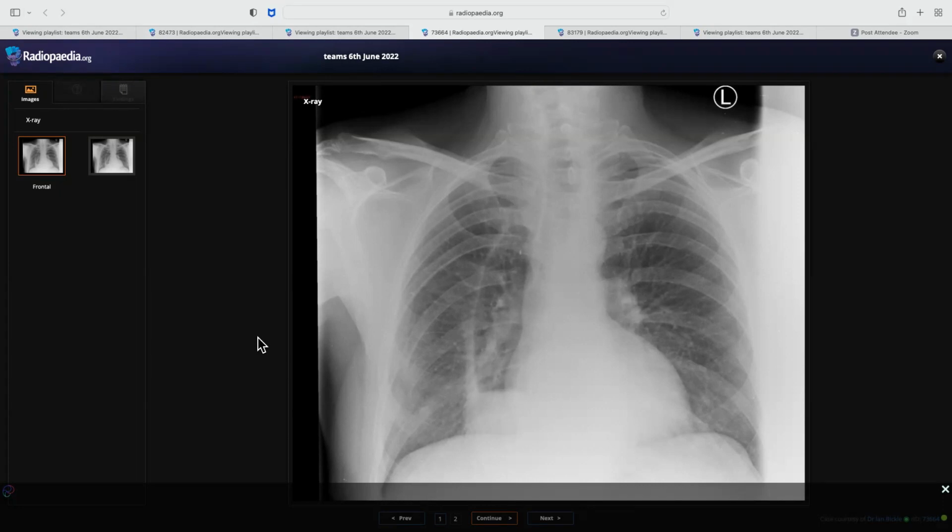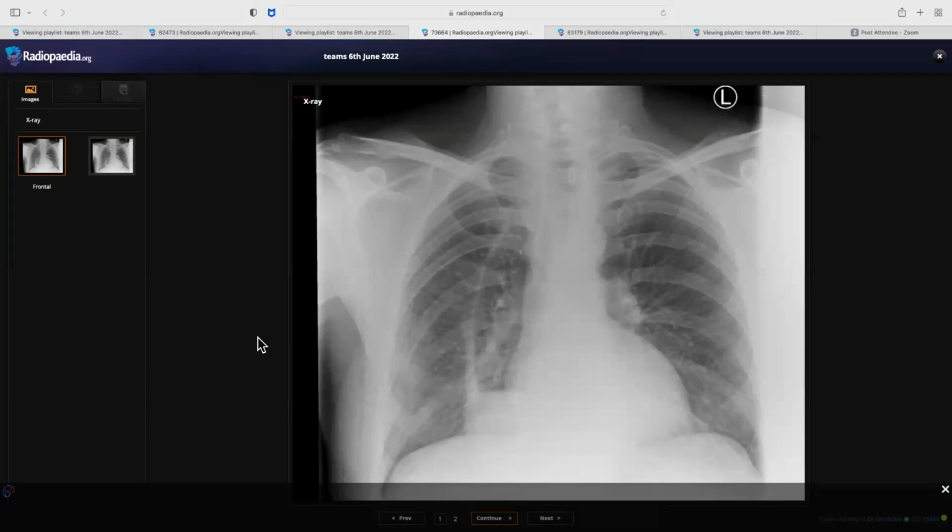The costophrenic angle is normal. Going back to the bones, I can appreciate that the bone density is a little increased, but I feel that this is projectional instead of a real pathological increase in density. The cardiomediastinal contour is normal.